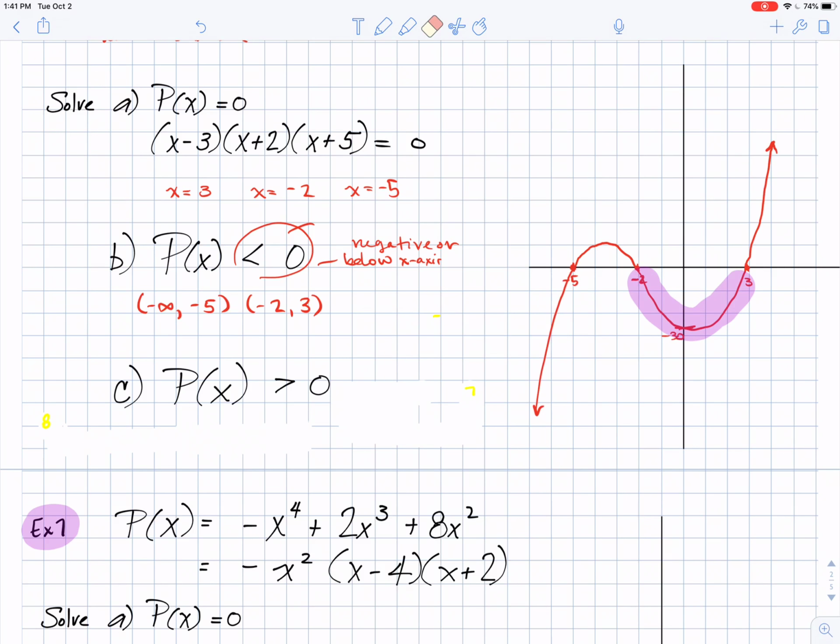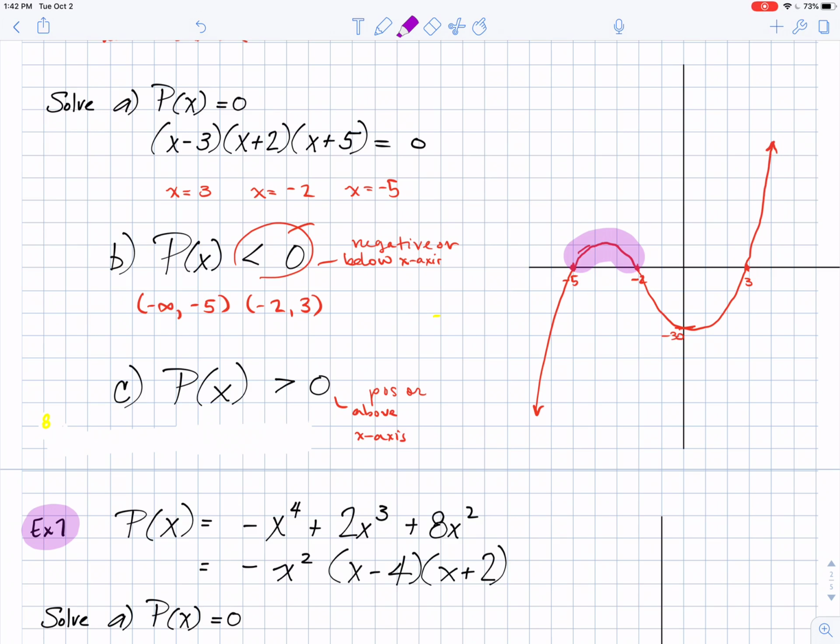Now let's do the exact same thing for part C. Part C says that I want everything greater than 0, above the x-axis, or positive. So when I look at my graph, I have this piece right up in here that's above, and I also have this piece here that is above.